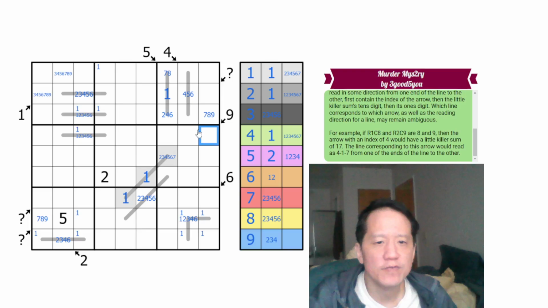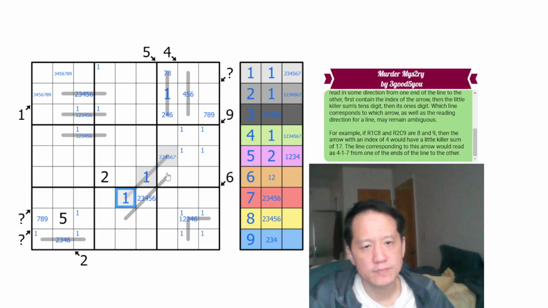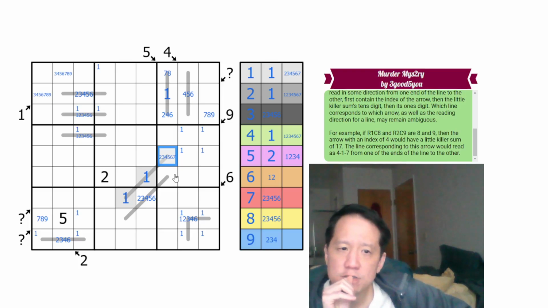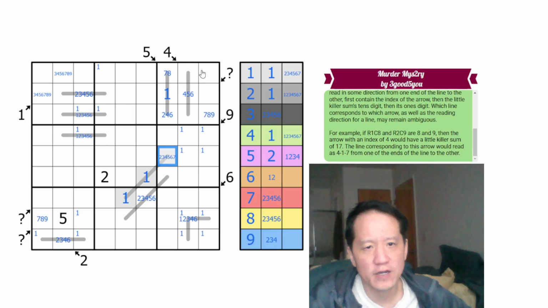So one of these 4 is a 1 also. The 4 can never be 8 and 9. At most, it's 6 and 9, right? Or it cannot be 7 and 8 because that's 7 or 8.